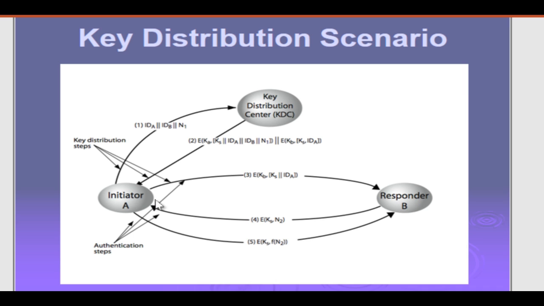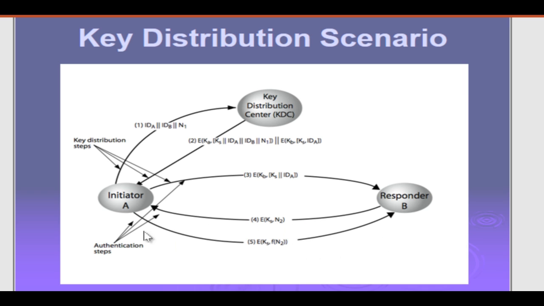A replies to B, encrypting with the session key a function of the nonce sent by B. By receiving this message, B confirms that A received the message and that no modification happened in the middle.